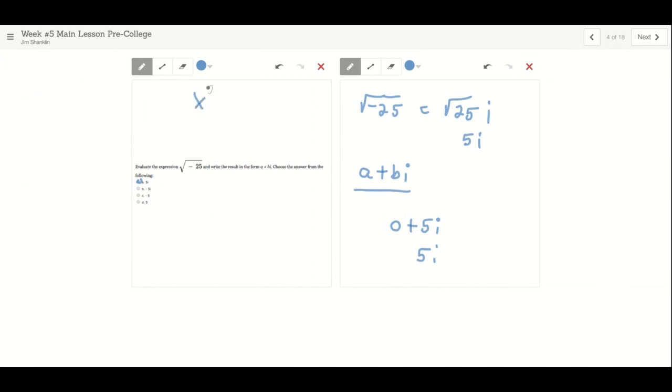If you ever have something like x squared is equal to 25, and then you take the square root of both sides, then you have to say, hey, my answer is x equals plus or minus 5. And the reason we do that is because if you put 5 back in here, the original equation was this, right? So 5 squared is 25, and negative 5 squared is also 25. That's why we come up with two solutions when we do a quadratic.